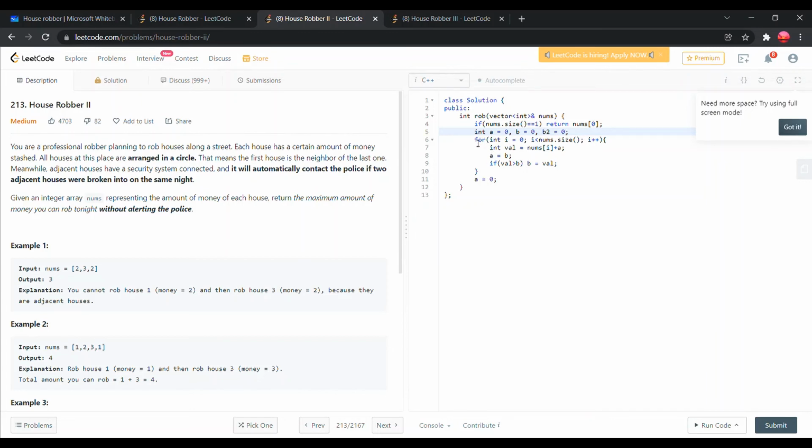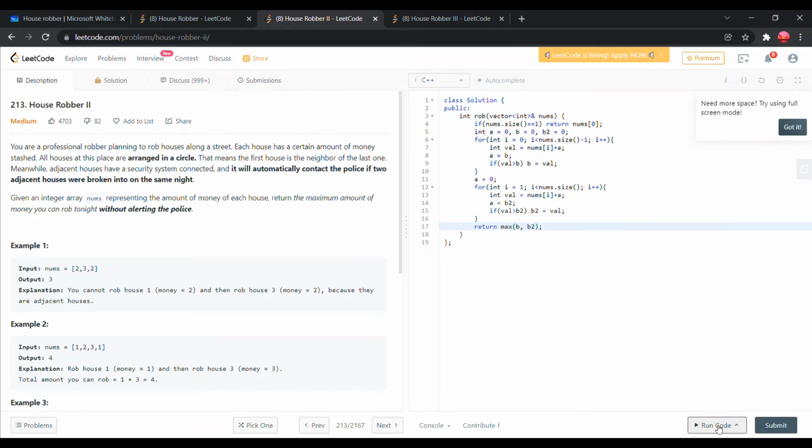My naming convention is terrible, I agree. I'm not great at naming. This is 1 and this is nums.size - 1, like we already discussed. And this is going to be equal to b2, this is going to be equal to b2, and I think we're done. Finally, you just had to return max of b comma b2.